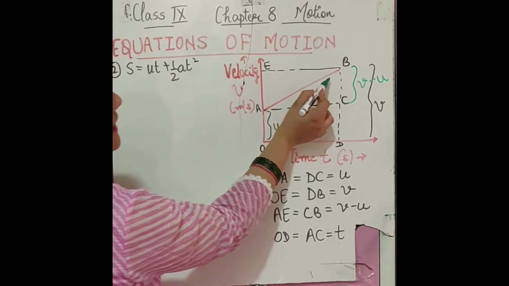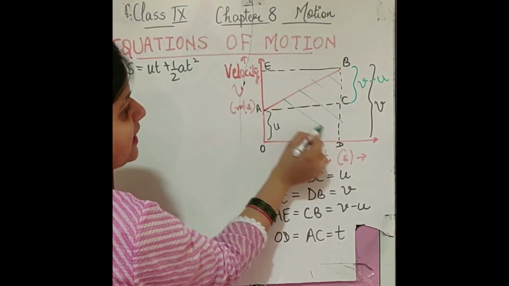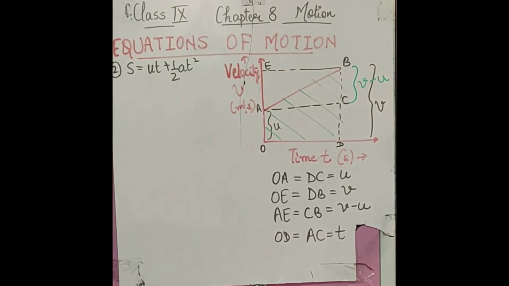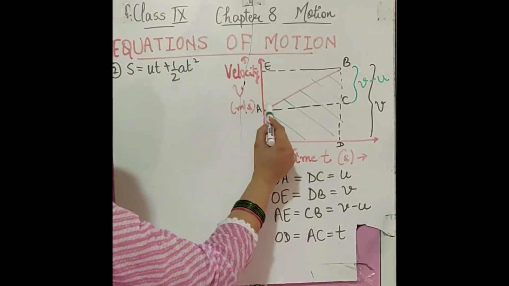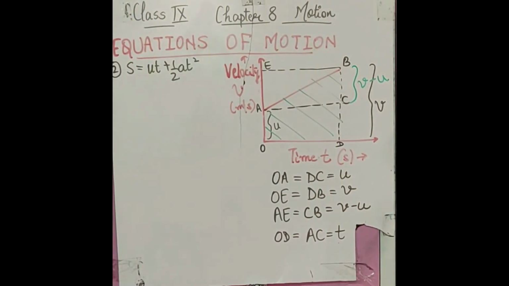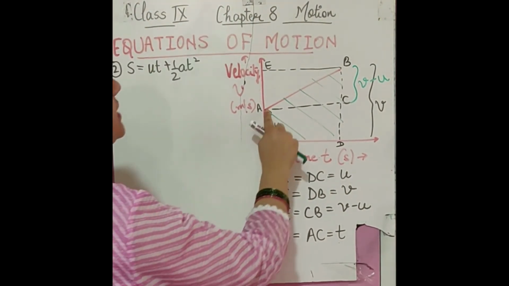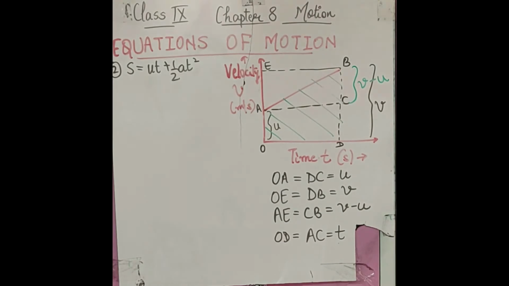So we will calculate this entire area in this velocity time graph. Now there are two ways to calculate this area. Either we can take this triangle plus this rectangle, or we can also take the area of this trapezium OABD.